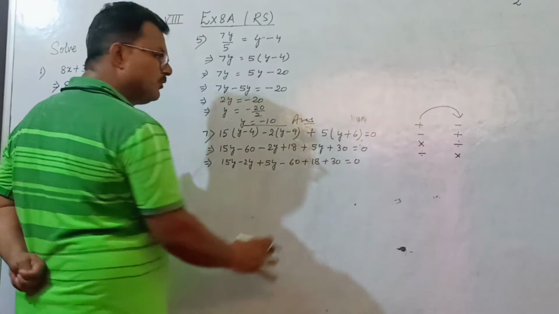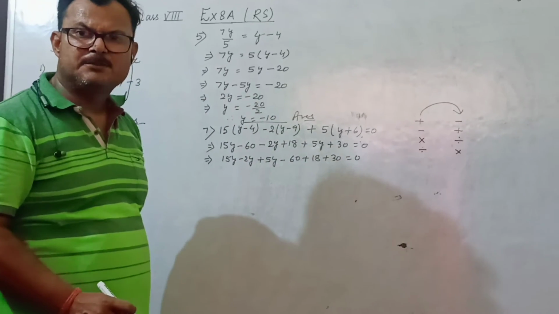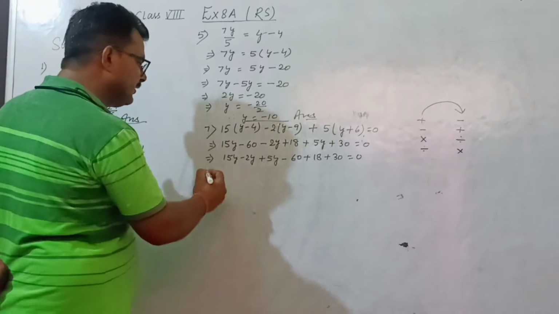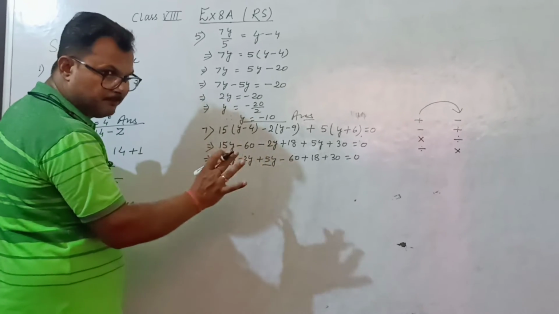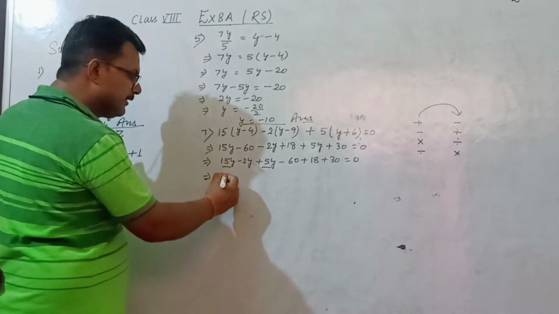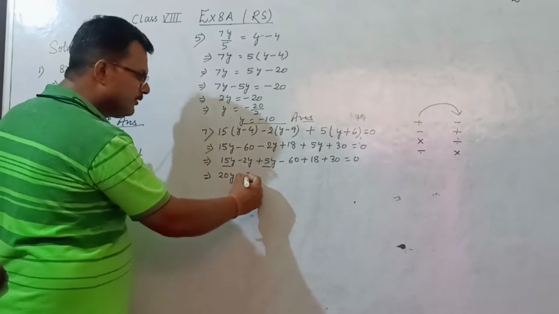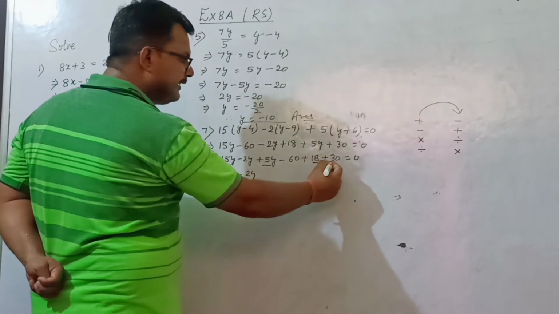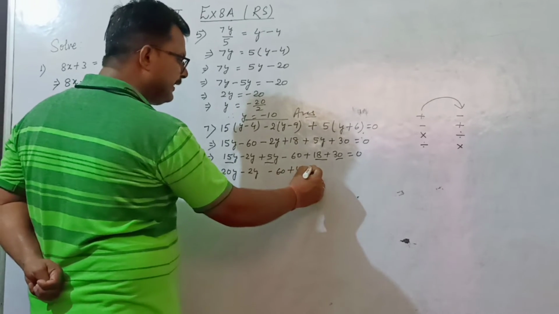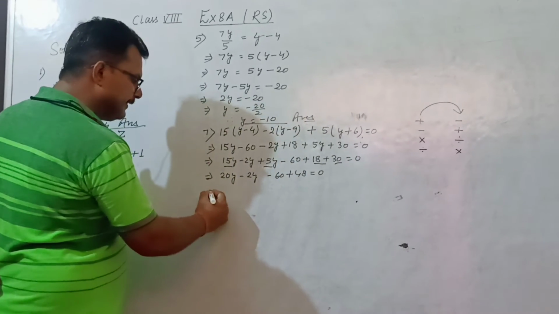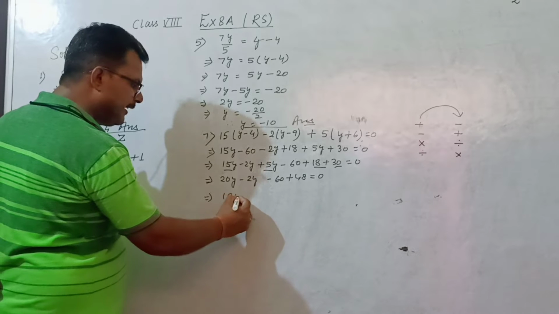All constants should be brought together and terms along with variables should be brought together. Now you observe this and this are positive, add them. Same sign will be added first. It will be 20y minus 2y. Here you observe this and these are positive. Minus 60 will be written and this will be 48. See, subtract it, it will be 18y.